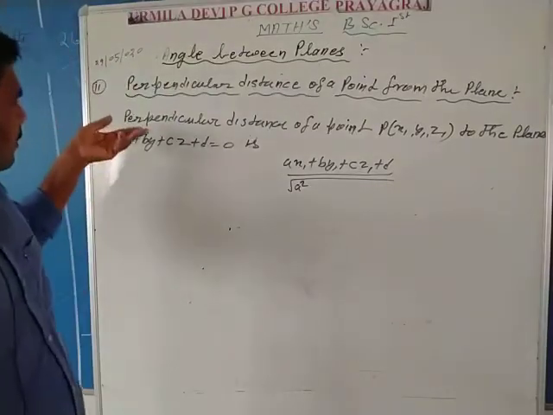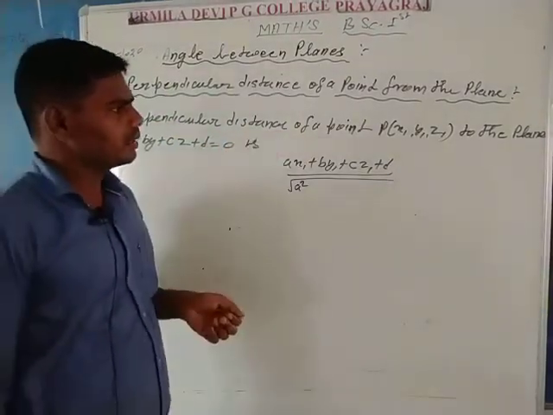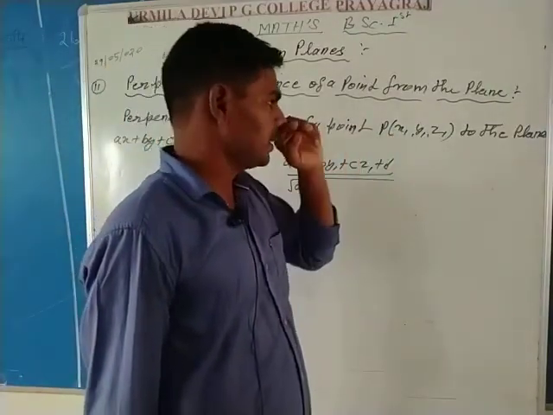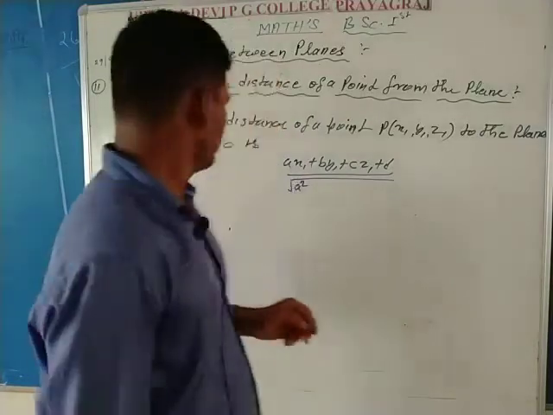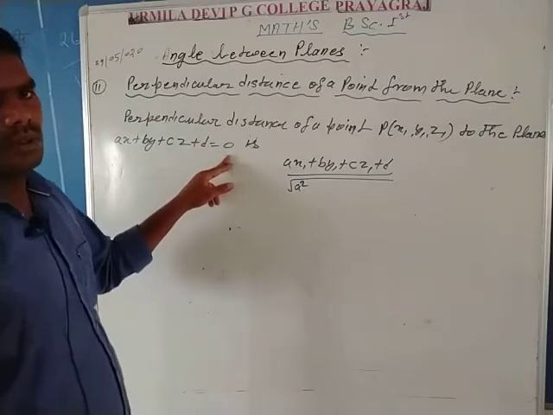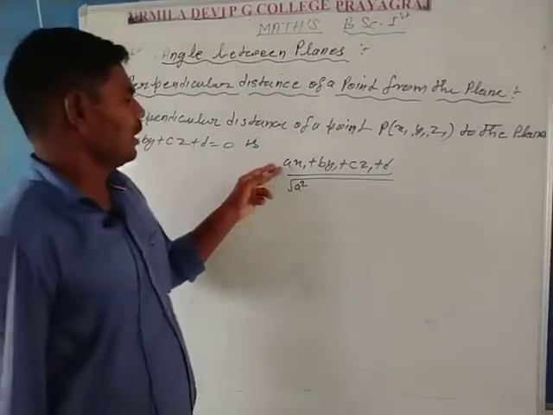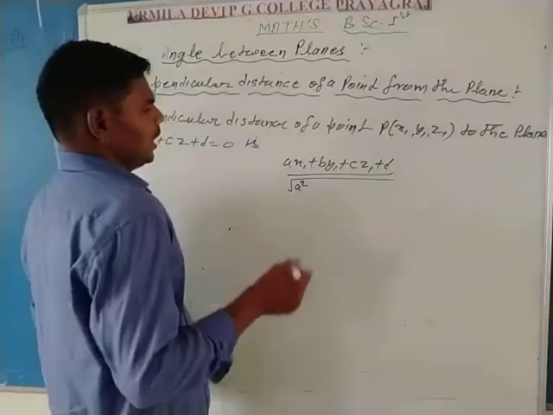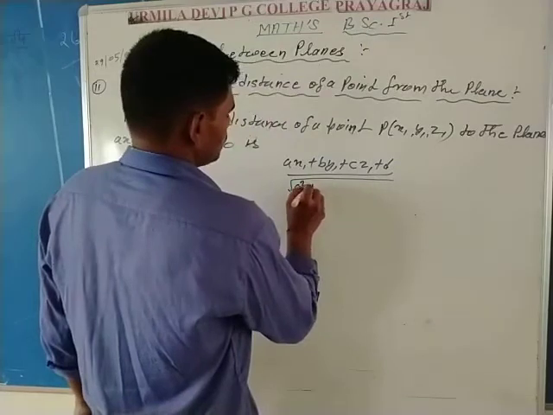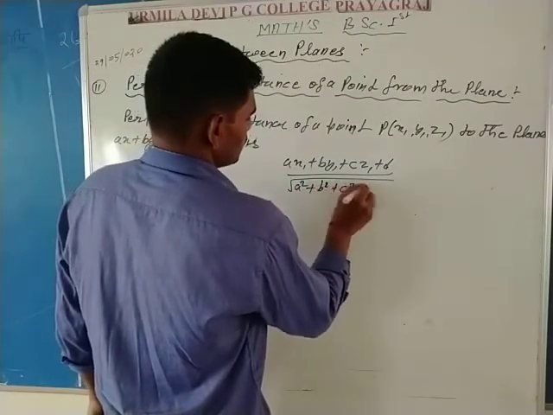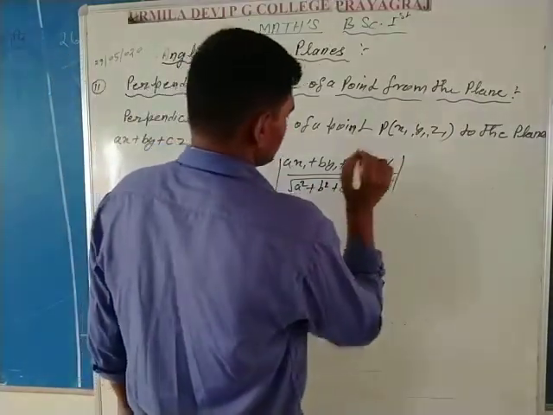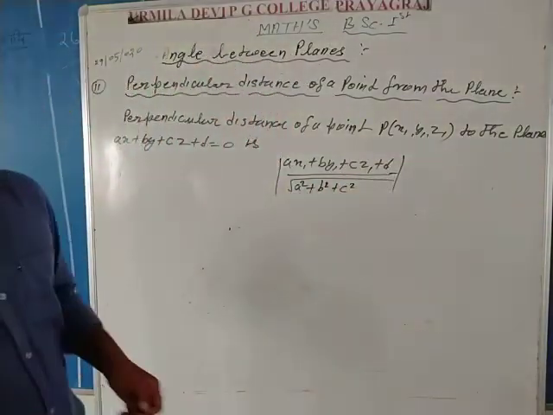In this article, the perpendicular distance of a point P whose coordinates are x1, y1, z1 to the plane ax plus by plus cz plus d is equal to 0 is the modulus of ax1 plus by1 plus cz1 plus d divided by under root a square plus b square plus c square, taken in mod form because it is a distance from a point to the plane.